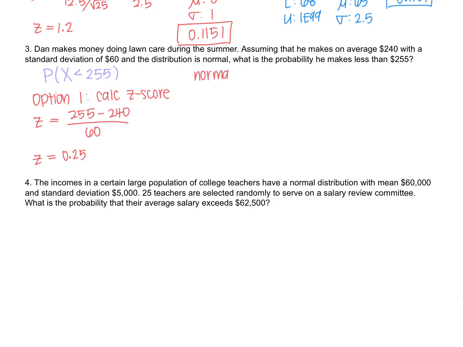When we go to normal CDF, because we're trying to find the probability that we're less than, our lower bound is going to be negative 1E99, and our upper bound is going to be our 0.25, mean of 0, standard deviation of 1, and we get 0.5987.